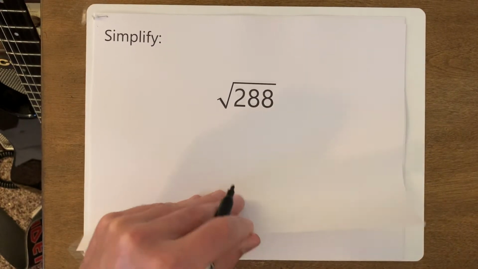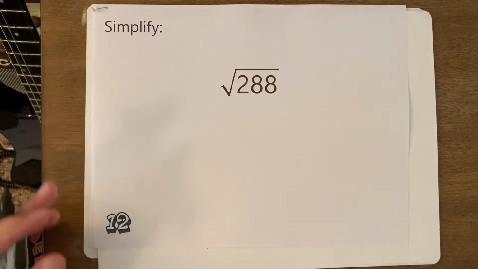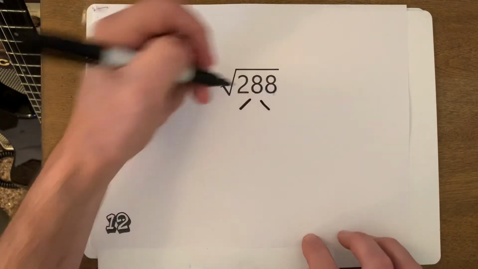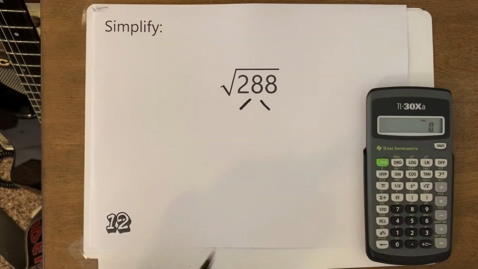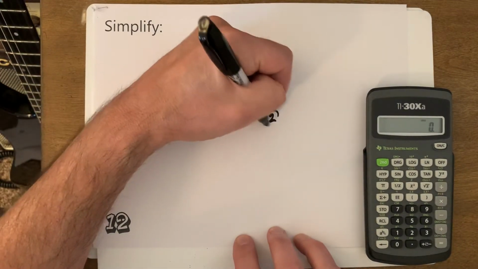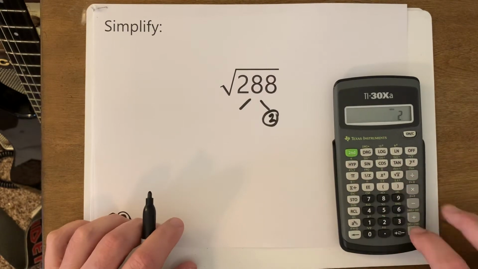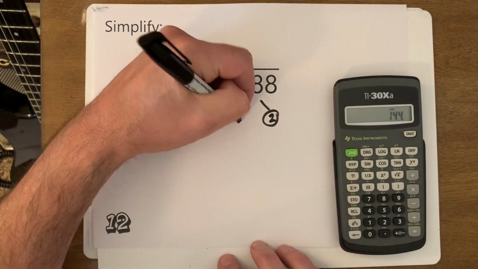All right, 288. So 288. First of all, that one is definitely even. And also the last two digits, 88, are divisible by 4, which is interesting if you know your divisibility rules. But let's stick with 2. 2 is a nice, easy, safe way to go. So 288 divided by 2 equals 144.